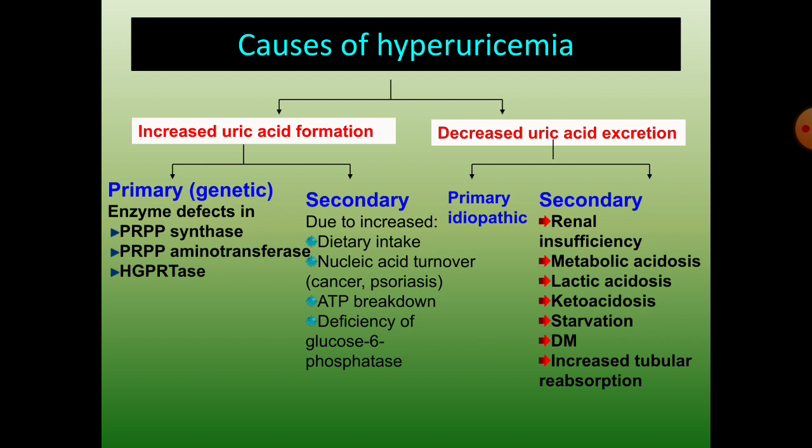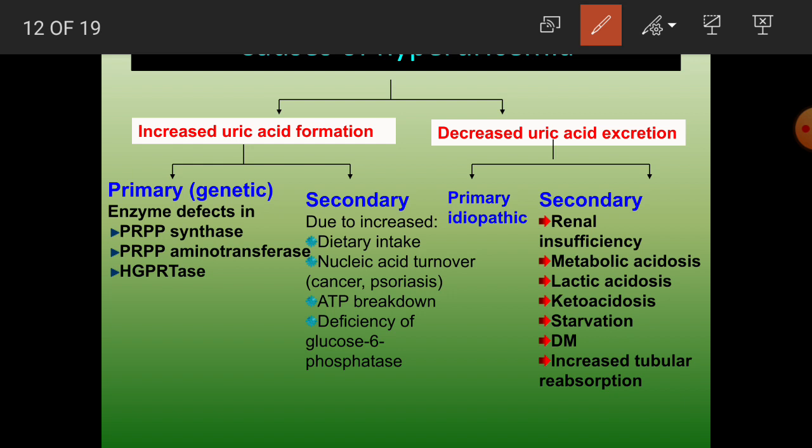So not all cases of hyperuricemia will land in gout. Gout is some other manifestation along with hyperuricemia. Hyperuricemia can be due to different causes: either increased uric acid production or decreased uric acid excretion, as I told you earlier.